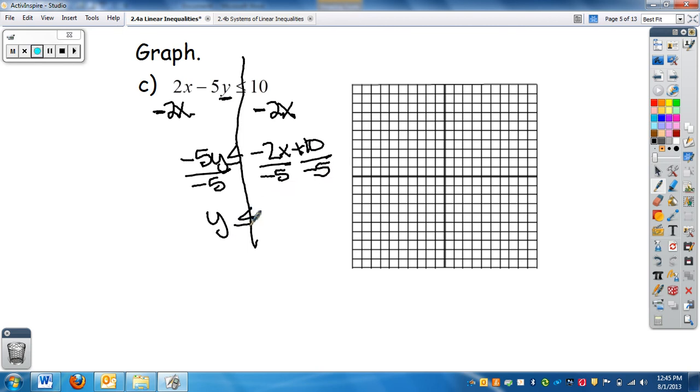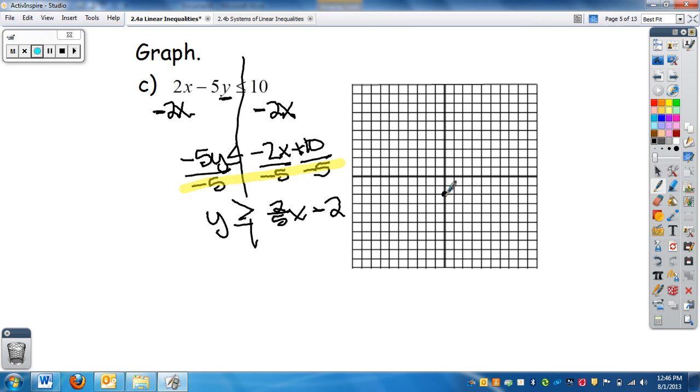Y is less than or equal to negative 2 over negative 5 is 2/5 x, and 10 divided by negative 5 is negative 2. Now, there was a mistake there, and if you had brought your A game to this video, you would realize the mistake. Notice I divided everything by a negative 5. Anytime you multiply and divide by a negative, we need to flip our sign. So instead of less than, y is now greater than.